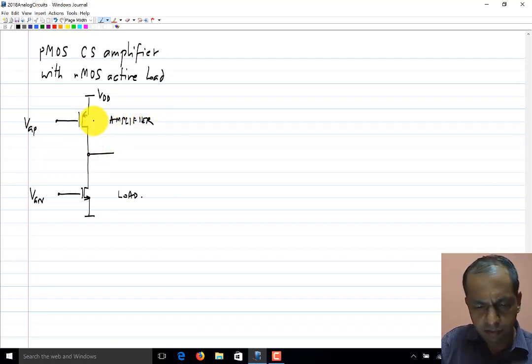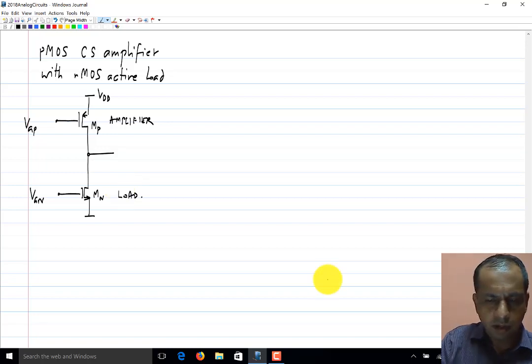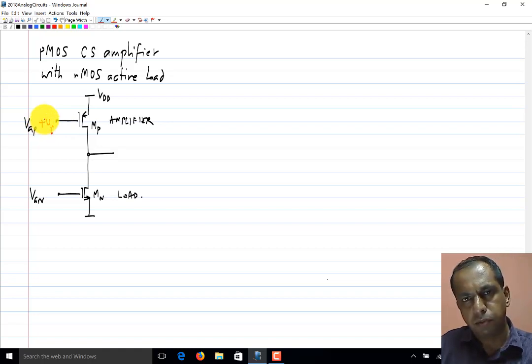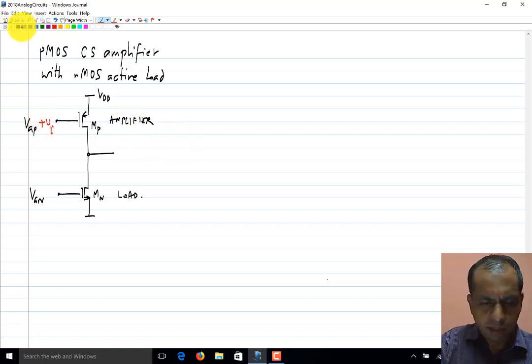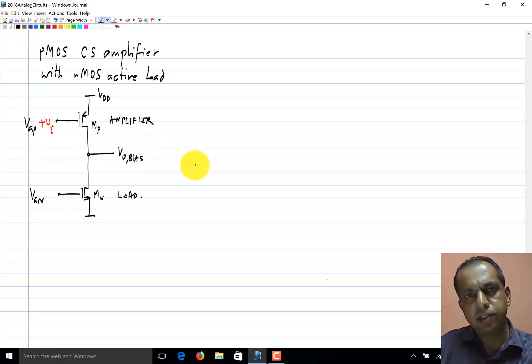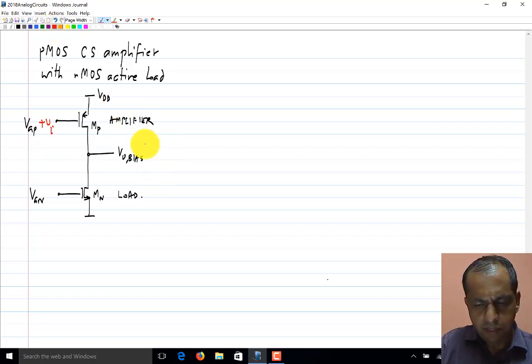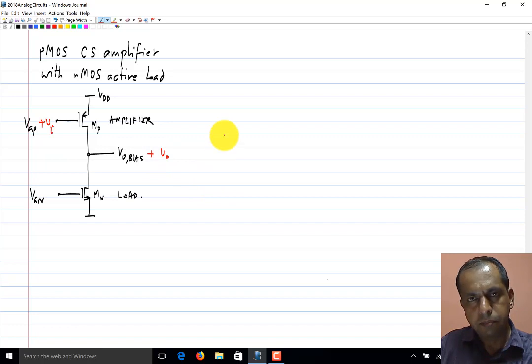In this case, this is MP and MN, and to the gate of the PMOS transistor we applied the small signal input Vi. The output is at a certain bias voltage VO bias. We assume that both transistors are in saturation region and there will be an incremental output VO.